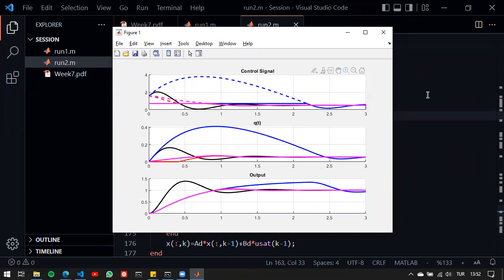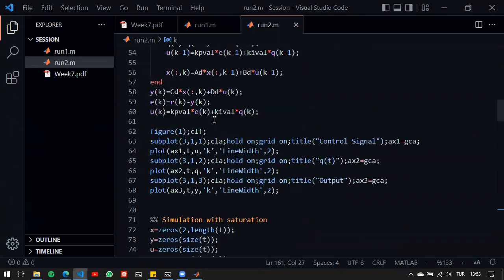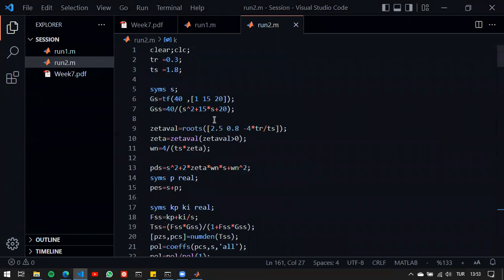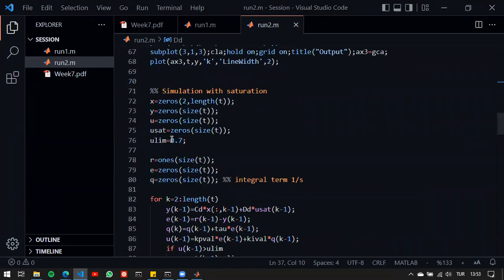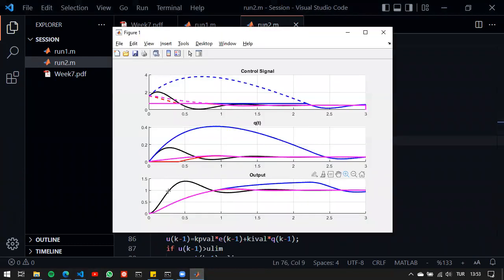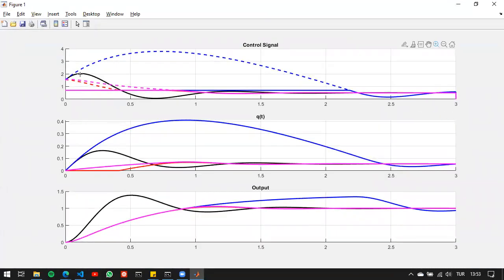Now, let me also remind you that if we choose the limitation here, let me find it here, ulim. So if we change it to a higher value, let's say 1.2. Let's look at here. We have basically almost 2 as a value. If I have a higher limit, what do I expect?